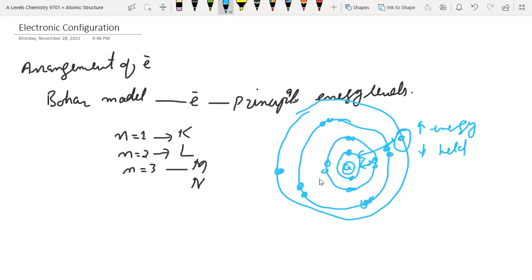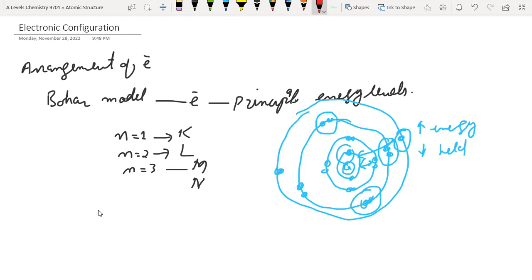Then it was further elaborated that every principal energy level is further divided into sub-energy levels, which will be discussed in the next lesson. First thing is how we come to know how many electrons will be there in our first shell, second shell, or third shell.